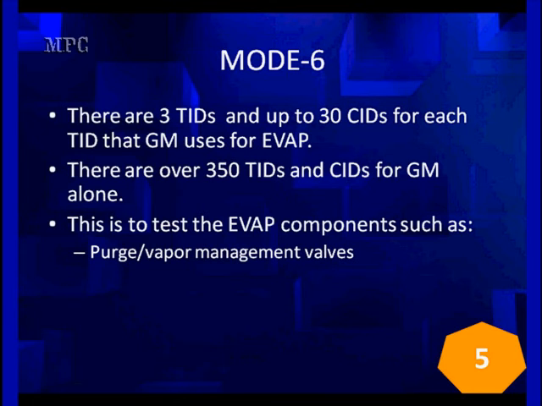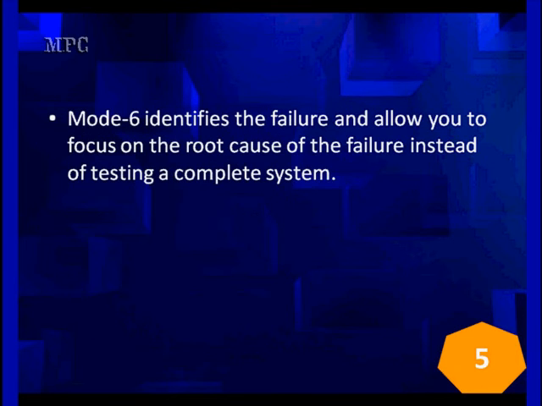Purge vapor management valves. Vapor management valves on Ford, purge solenoids on GM and Chrysler. The canister itself, does it flow freely? The vent solenoid, does it open and close as it should? And the fuel tank pressure sensor, can it read fuel tank pressure accurately? And when it reads accurately, what are the normal results we're going to be seeing during operation?